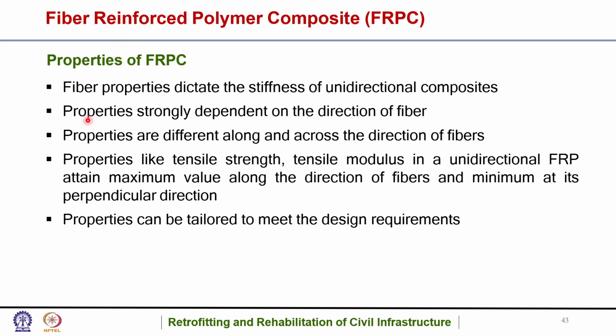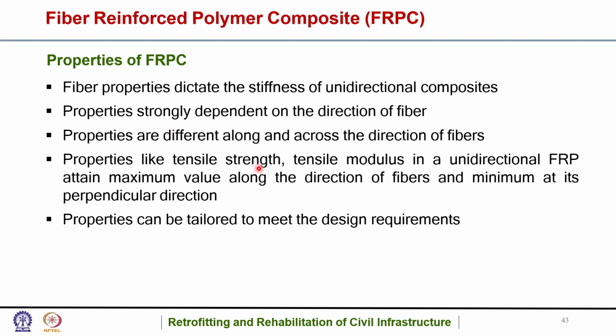By going through this, we can have an idea of the various properties of FRPC. The fiber properties dictate the stiffness of unidirectional composites. The property is strongly dependent on the direction of fiber, so it is different along and across the direction of fibers.